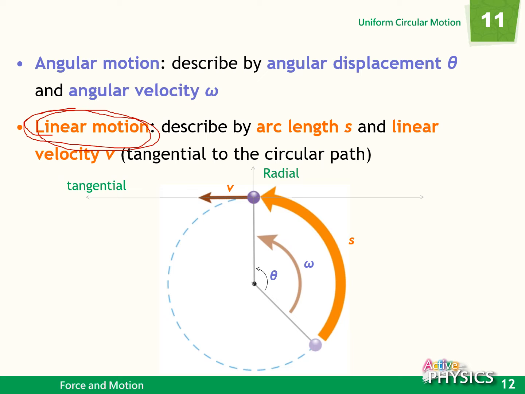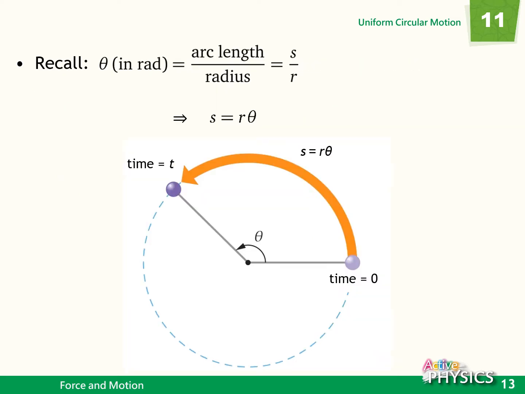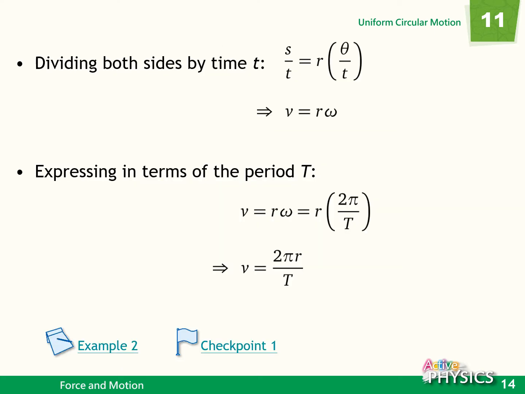The velocity of a particle moving along the arc is called the linear velocity, and we use arc length over time. Theta equals arc length over radius, s over r, so the displacement s equals r times theta.